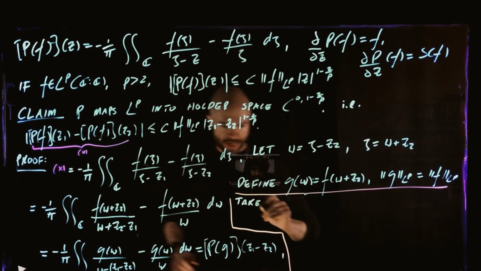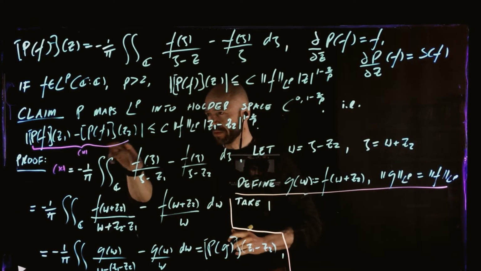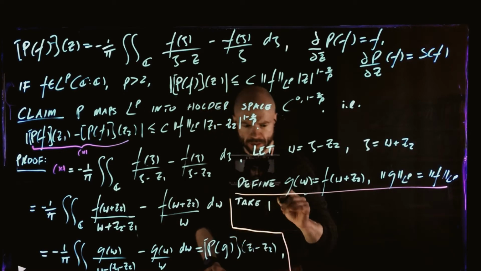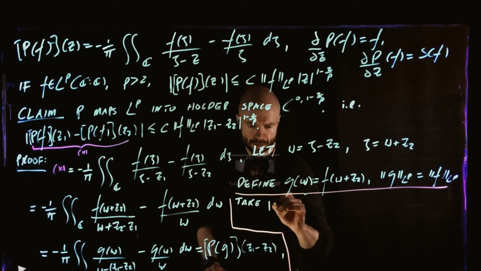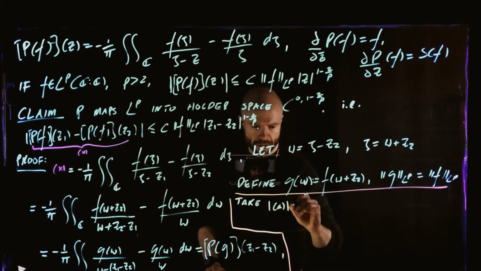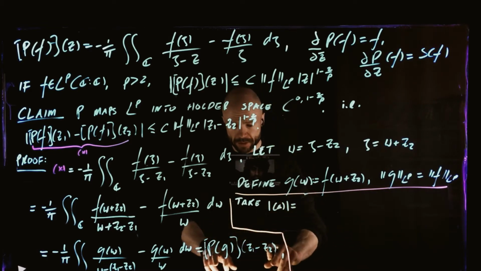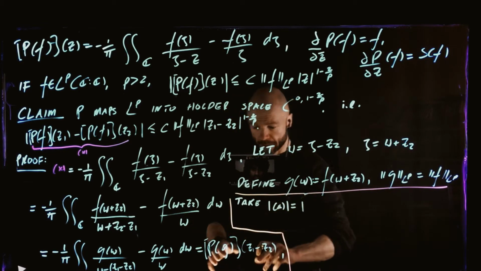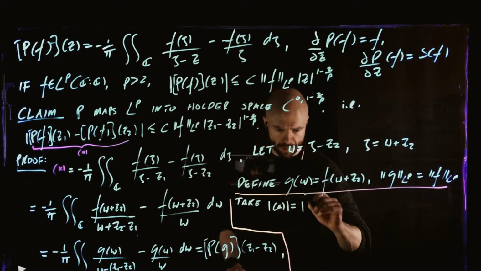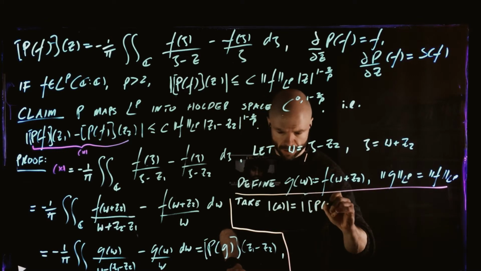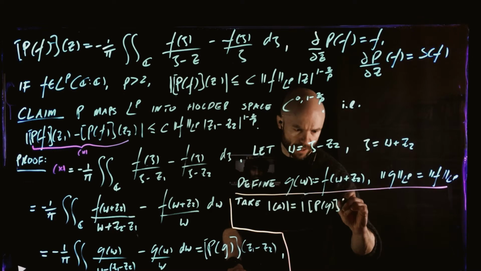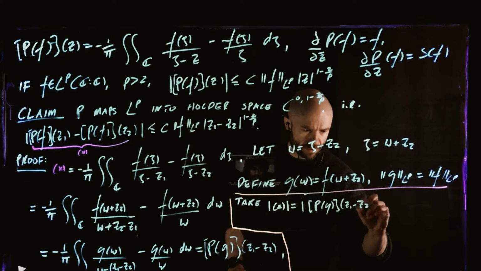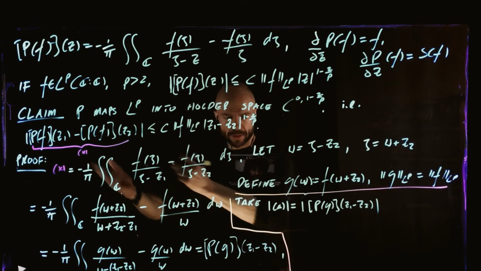If we take the absolute value of this expression right here, so absolute value of star, like this, then by this set of equalities, this is the absolute value of the operator P of g acting on z1 minus z2, because these are all equalities, right?